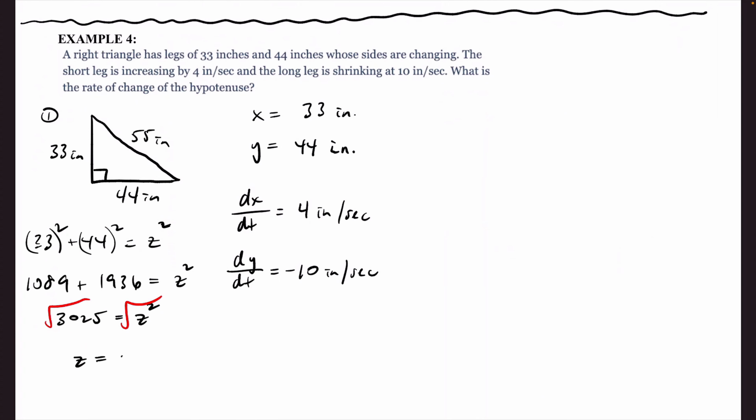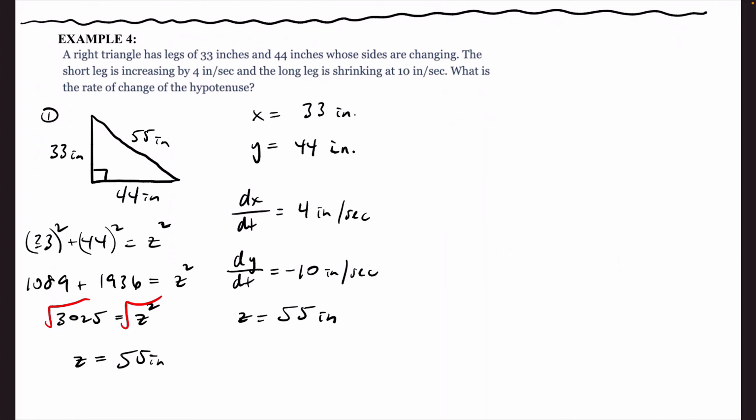So 55 inches. So z is 55 inches. Or a 3, 4, 5 triangle.